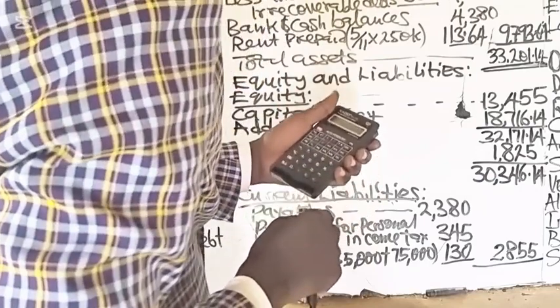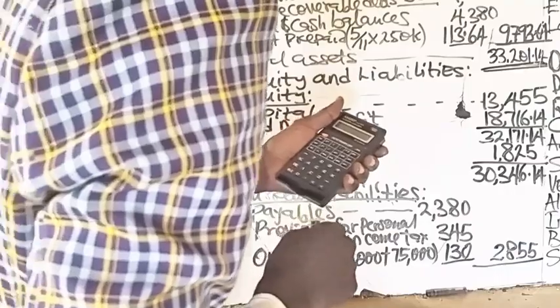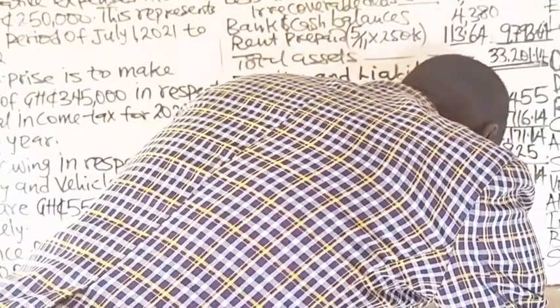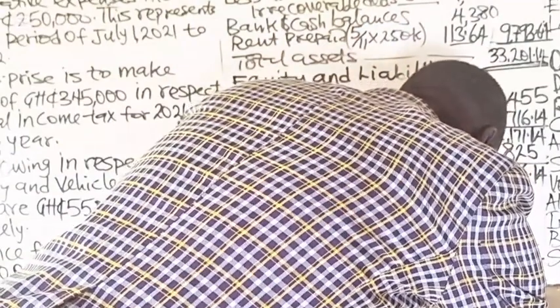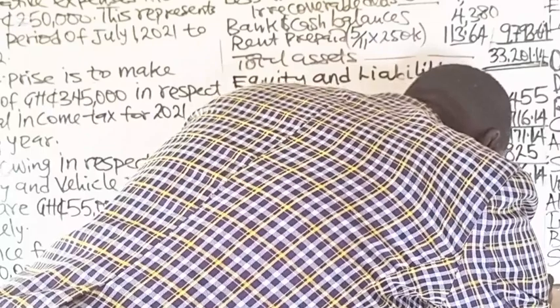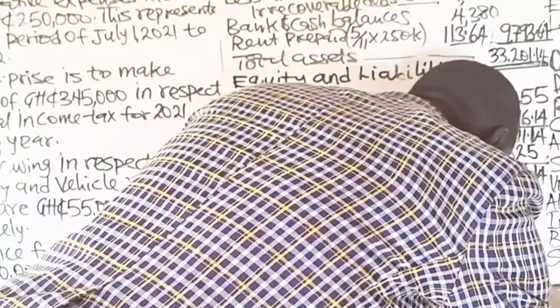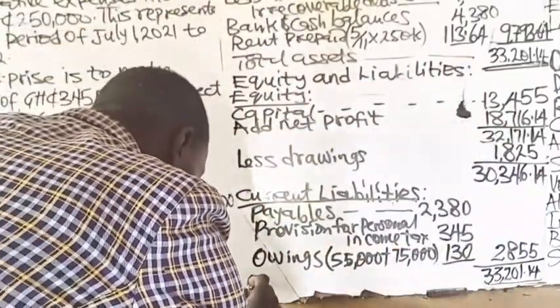So we have 33,201.14. That is the total equity and liabilities.